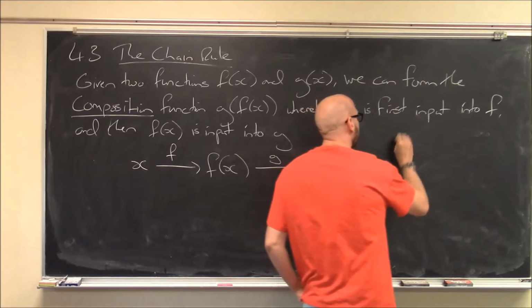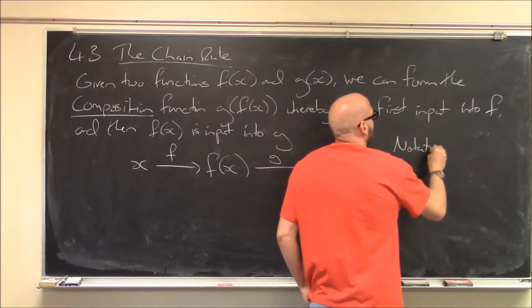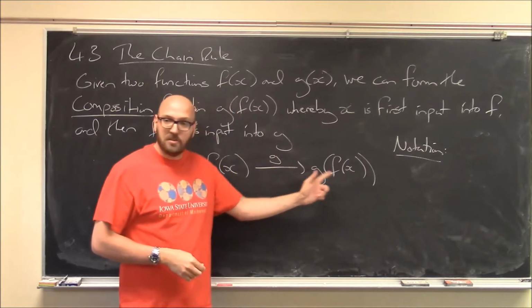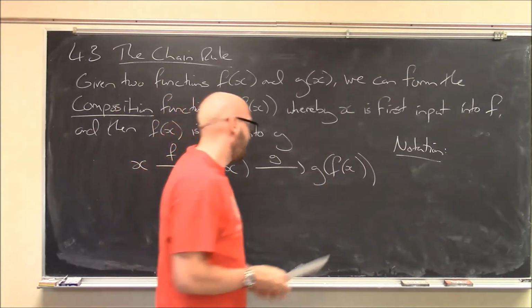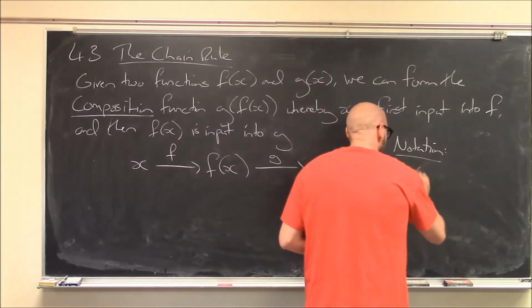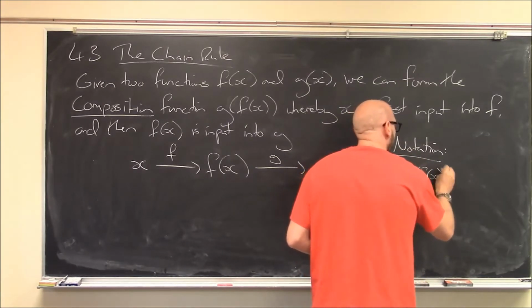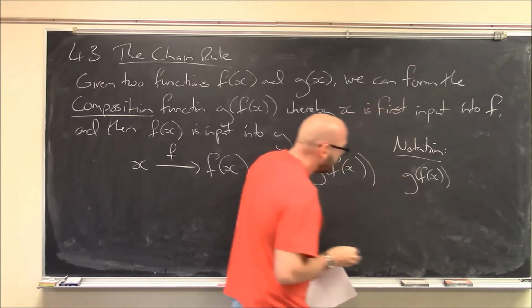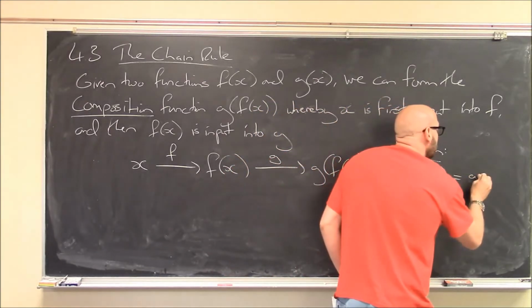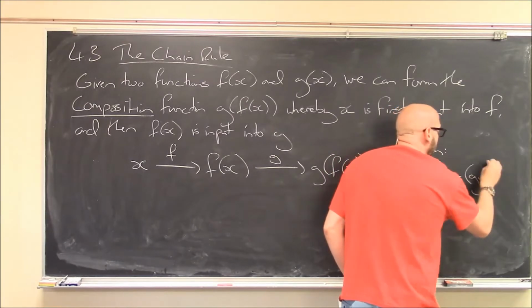Notation, by the way. I will typically use this notation because I like it the most. It shows exactly what's going on, but quite often people denote this the following. g of f of x. Quite often people call this function g composed with f.